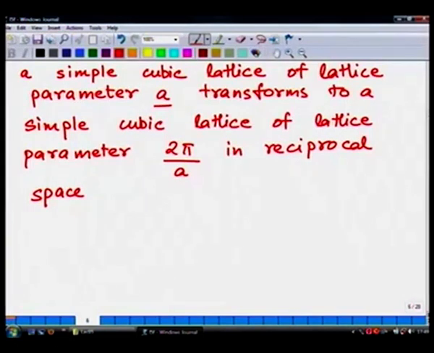So, that is what it is: a simple cubic leads to a lattice in reciprocal space, which is also a simple cubic, and the lattice parameter of course is 2 pi by a. So, that is the transformation.